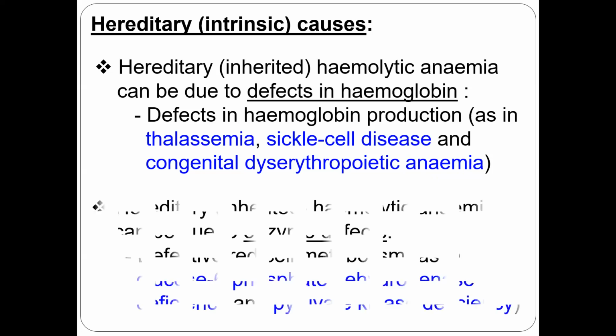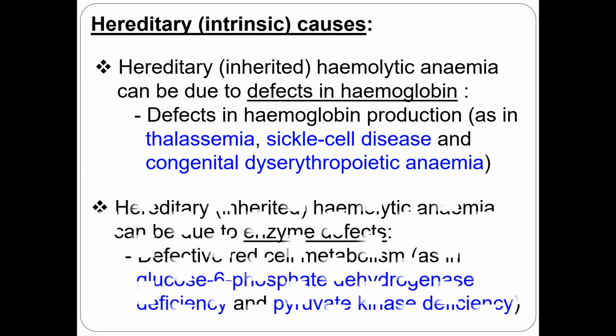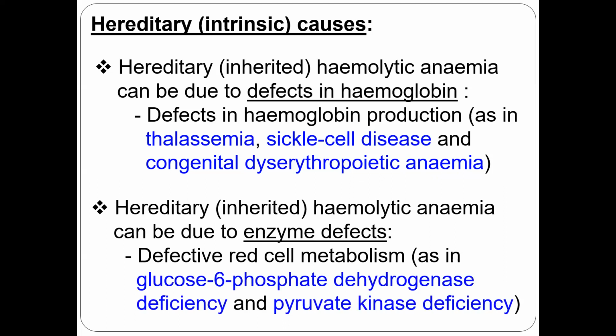Okay. And the third one, hereditary hemolytic anemia, is enzyme defects, enzymopathy. And the first one is glucose-6-phosphate dehydrogenase deficiency. You remember this was also mentioned as a deficiency anemia.